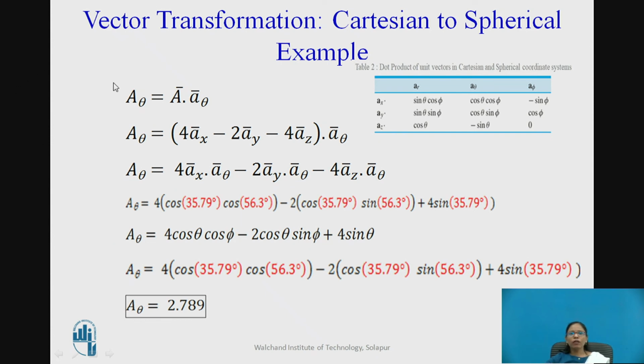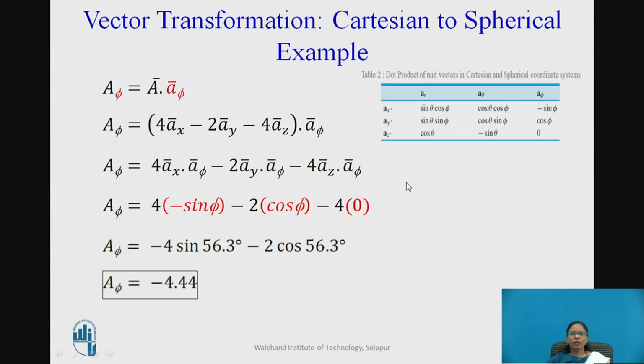In the same way, I'll calculate A theta as A bar dot A theta, put a given A bar which is in Cartesian, take the dot product with A theta. So follow the table, this column, substitute the values here. I know what is the value of theta, I know what is the value of phi. Substitute those and get the value of A theta, which is 2.789.